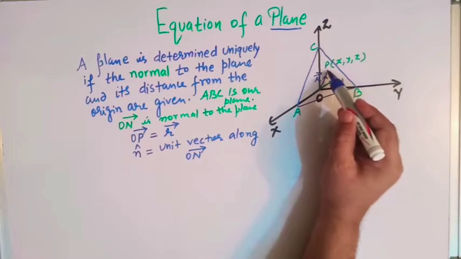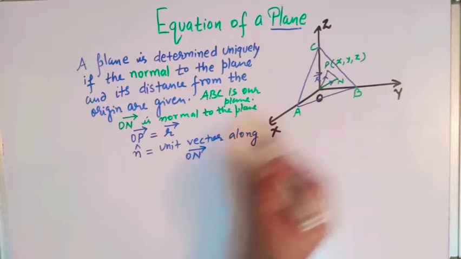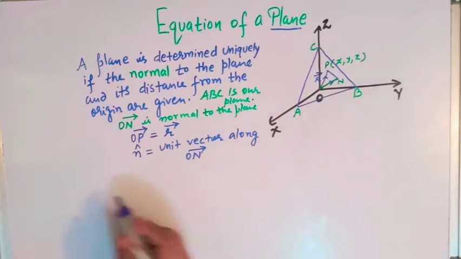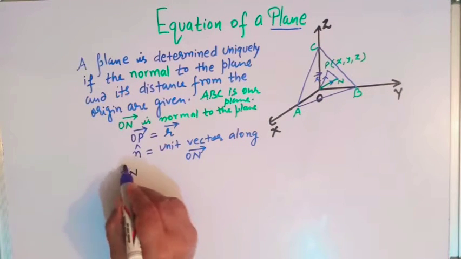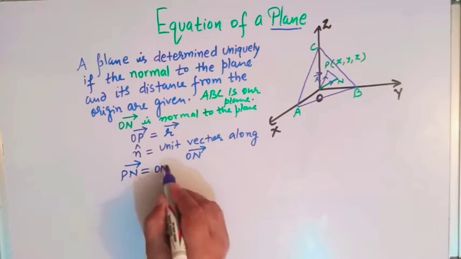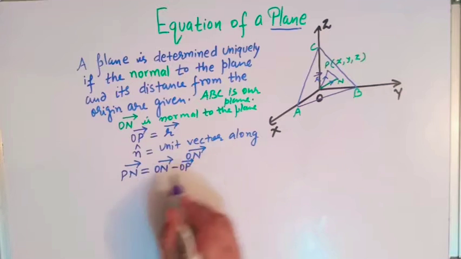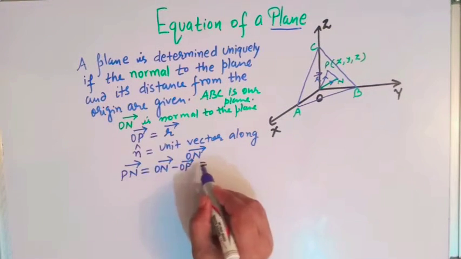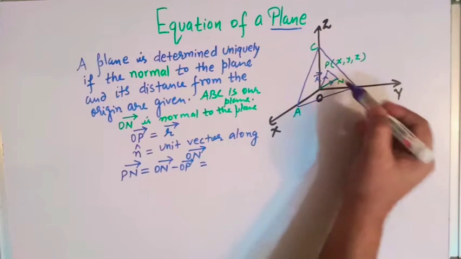Okay, now from this figure we see that vector PN is equal to ON minus OP, right? From the triangle law of addition of vectors. So ON is the normal vector to this plane, right?